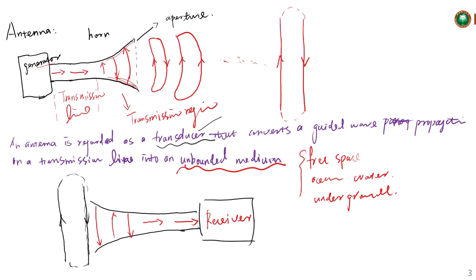And for anything with energy transformation, there is going to be some power loss, or energy loss, because when we transform the energy from one condition to another, there is going to be some consumption or loss. For antennas, this is due to two conditions.